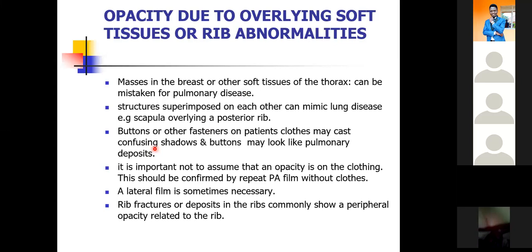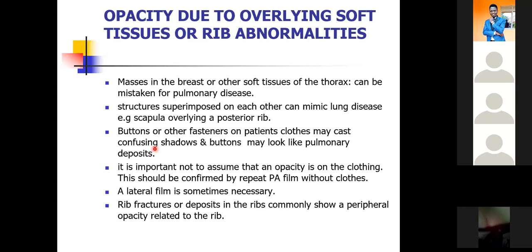What is most important is that we shouldn't assume and just disregard them like that. You can always confirm this by re-imaging the patient after removing the clothing or whatever from that area.